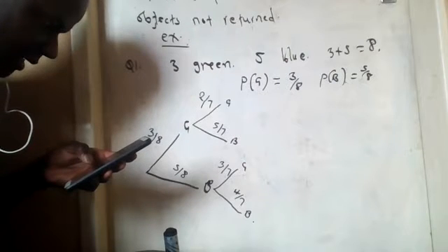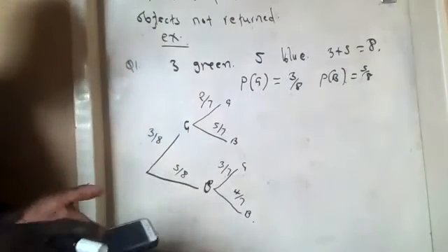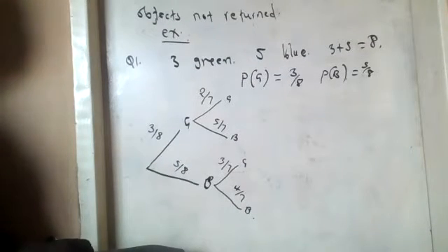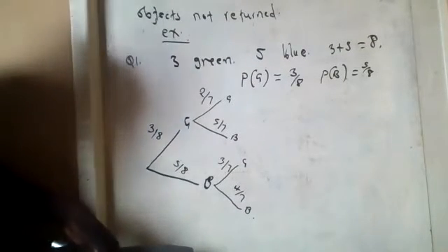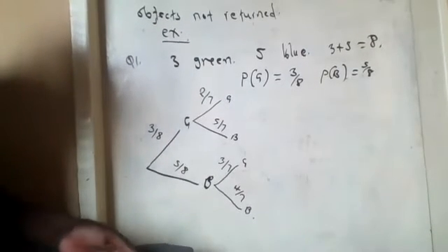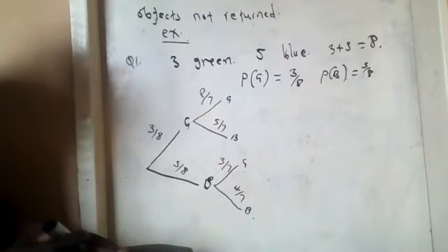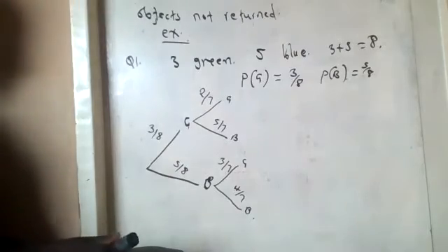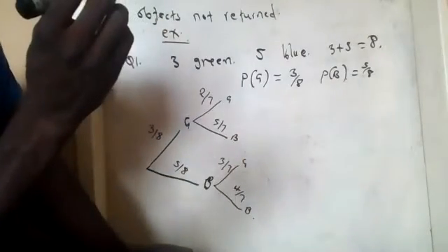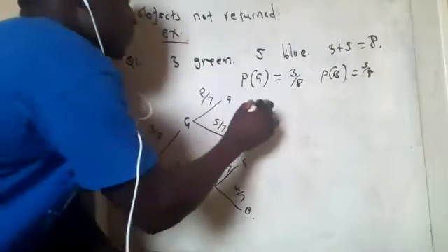Find the probability that both that were picked are blue. Now remember, when you say both, we're talking about both this and that. When it is "and", it means what you're supposed to do there is to multiply. So that is B1.